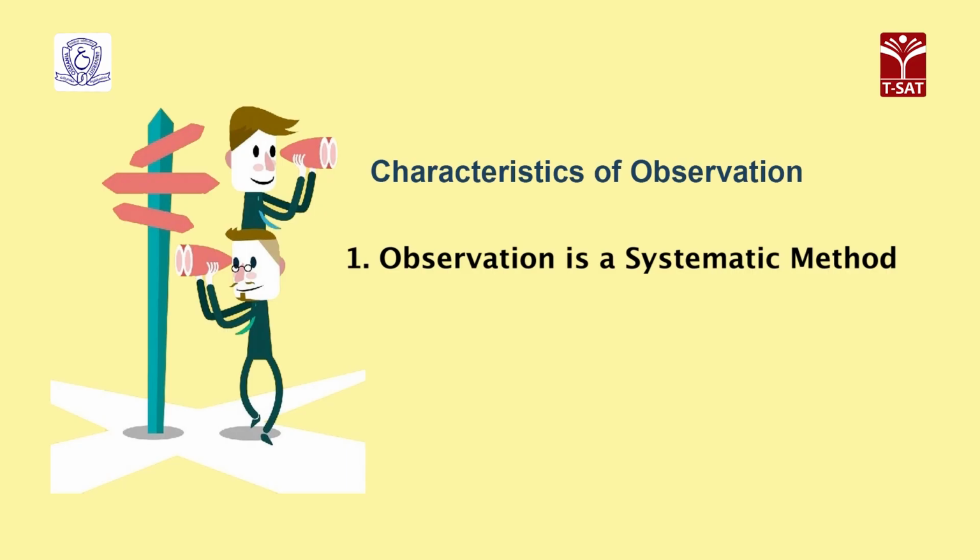Now, what are the characteristics of observation? Observation becomes scientific only when it follows certain characteristics, and the first one is that observation is a systematic method, which means that observation is not haphazard or unplanned.